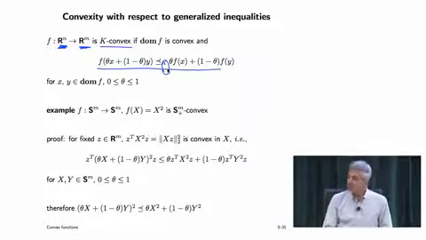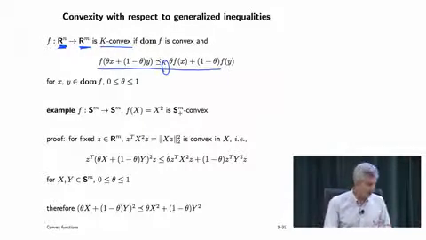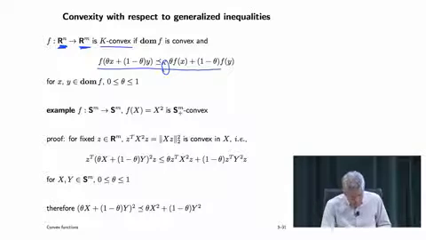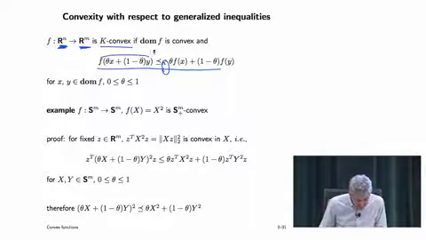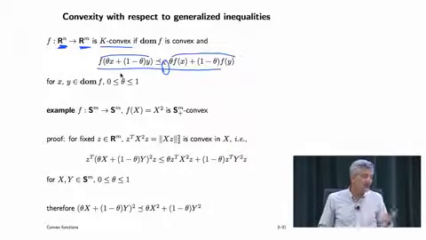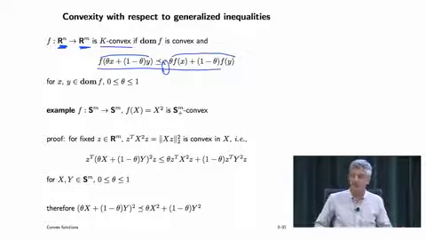Now this mostly only comes up in a couple of places. For example, if these are symmetric matrices and that's matrix inequality, then a function that is k-convex with respect to the positive semidefinite cone is called matrix convex.